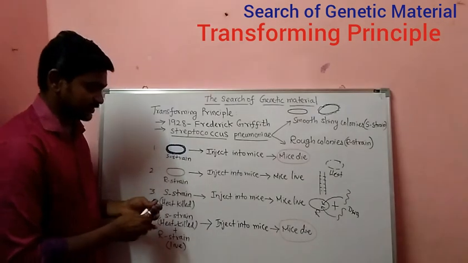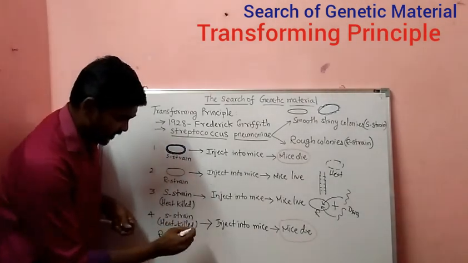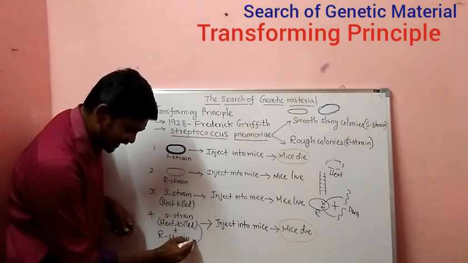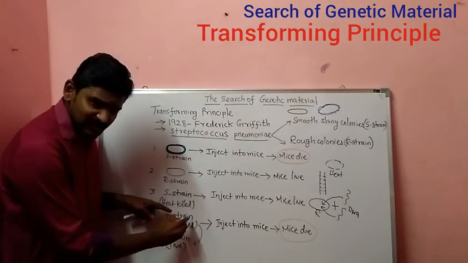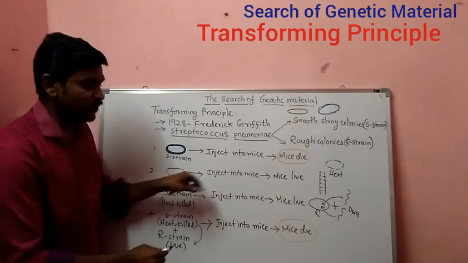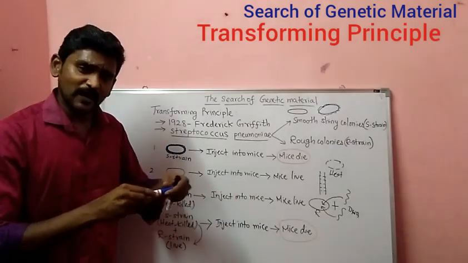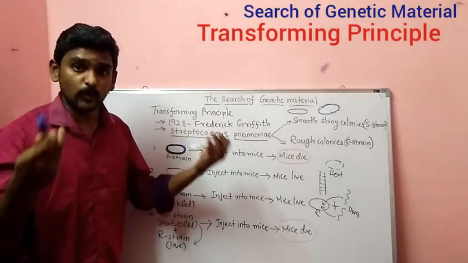Whereas here, some factor is transferring from this heat-killed mixture to the R strain. That factor is responsible for the death of the mice. So what is that factor? It may be DNA, it may be RNA, it may be protein.